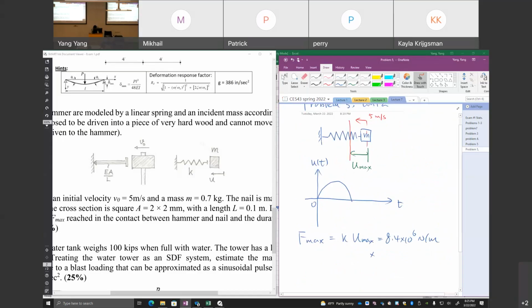And that is the maximum force. That's the maximum displacement where you will have the maximum force, because that's where the spring has the maximum deformation.